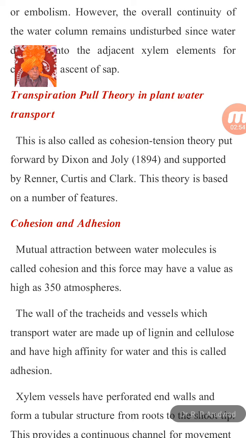Cohesion is mutual attraction between water molecules or any molecules. The mutual attraction between the same molecules is known as cohesion, and the force created here is known as cohesion force, and the value of that cohesion force is 350 atmosphere.